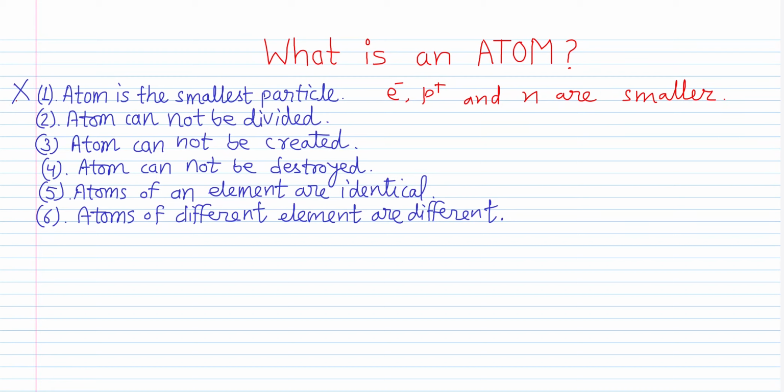And next you can say the definition as atom cannot be divided. That's also wrong, because definitely an atom can be divided into electron, proton and neutron, right? And third definition, if you say atom cannot be created, that is also wrong, because using Einstein's mass energy equivalence, you can see that energy can be converted into mass.